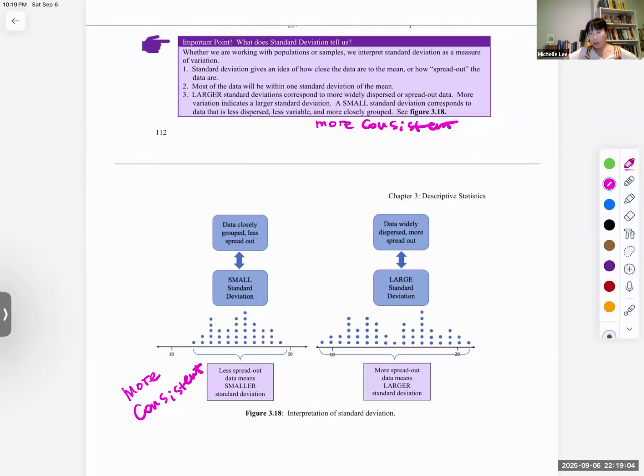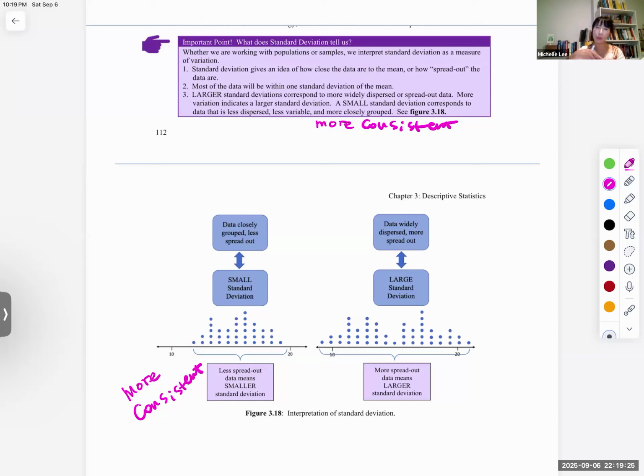Okay, now I'm gonna show you how to find... how about sample? Sample is better because population is a lot of data, right? Yeah, let's do sample.